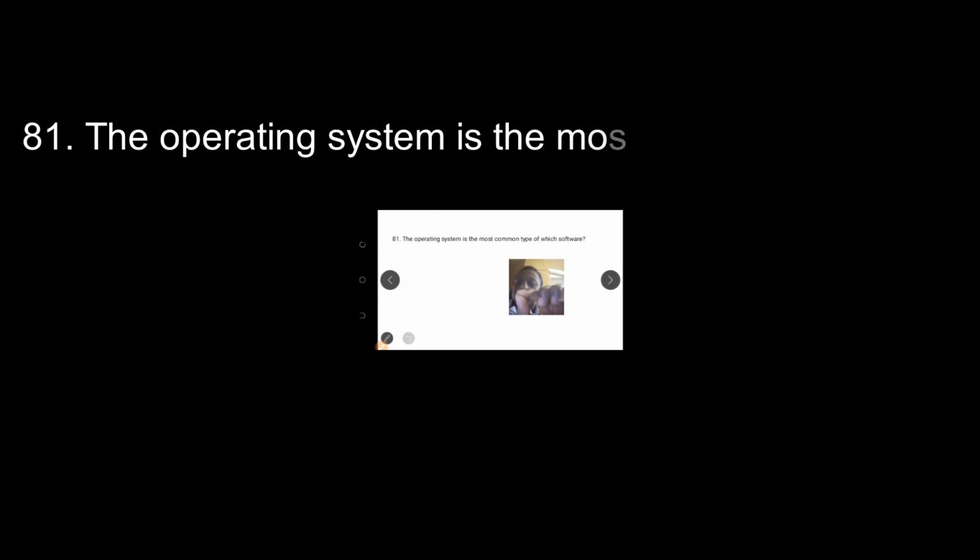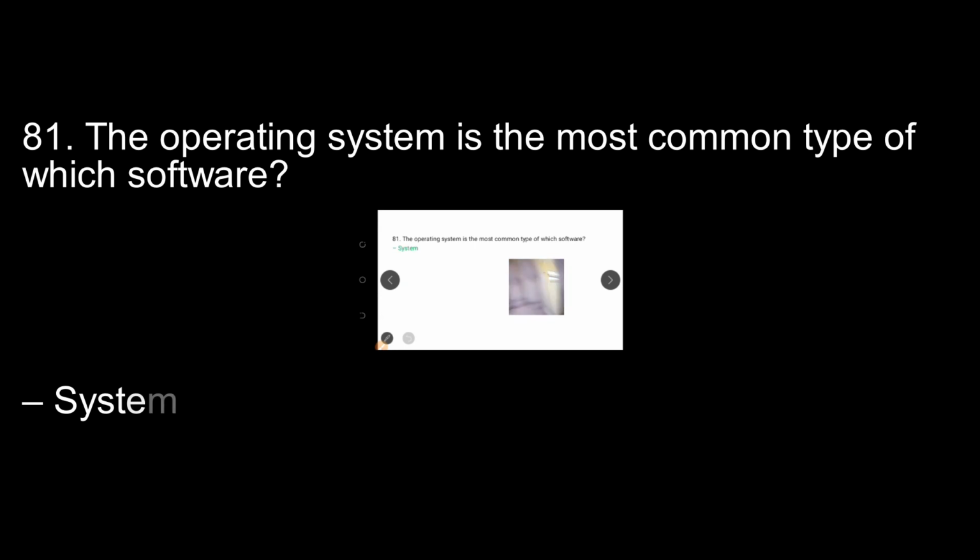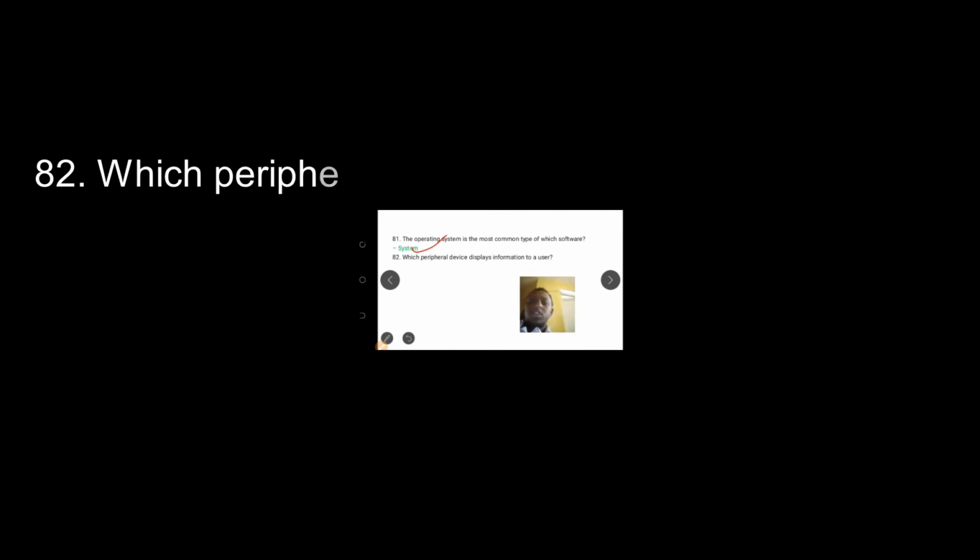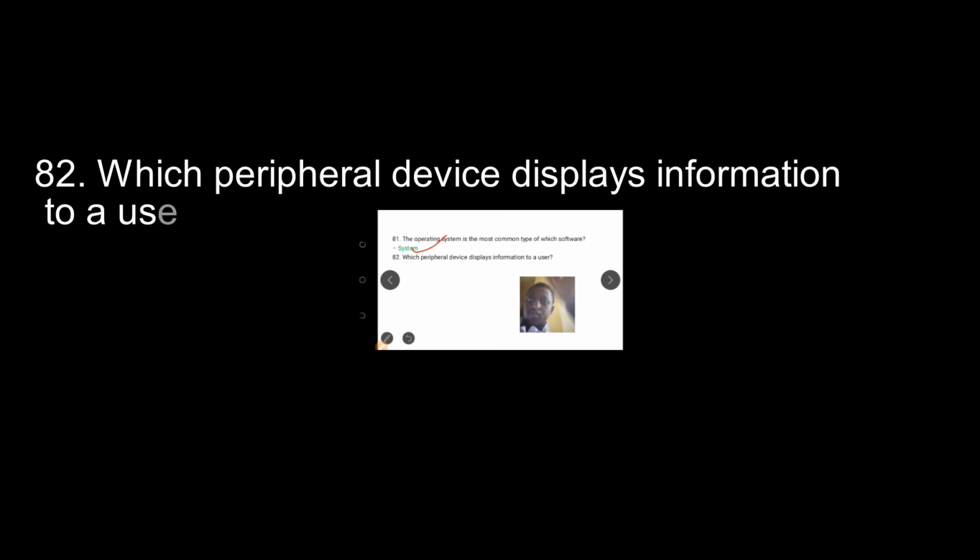The next one: the operating system is the most common type of which software? Operating system software. Which peripheral device displays information to a user? The peripheral device that is used to display information from the computer for the user is called the monitor, or the screen of your machine.